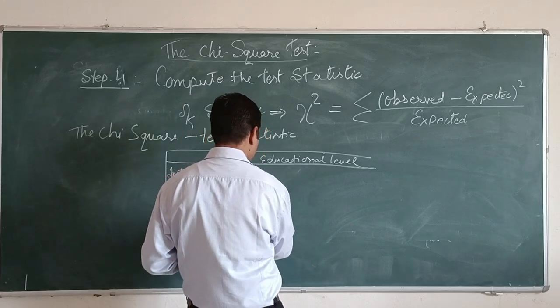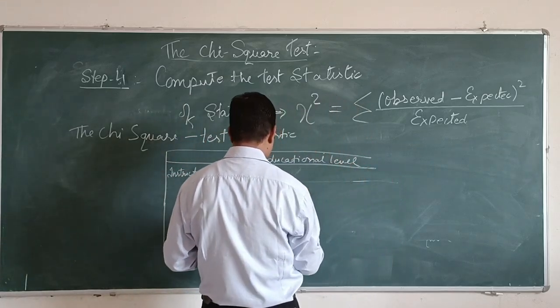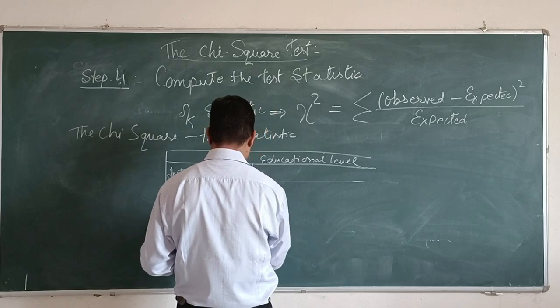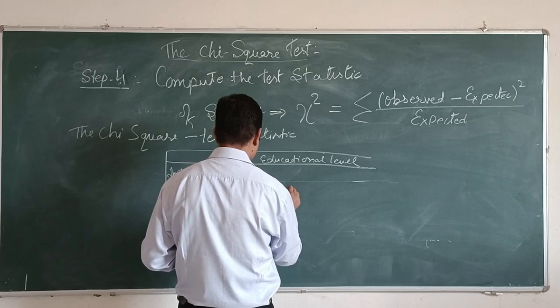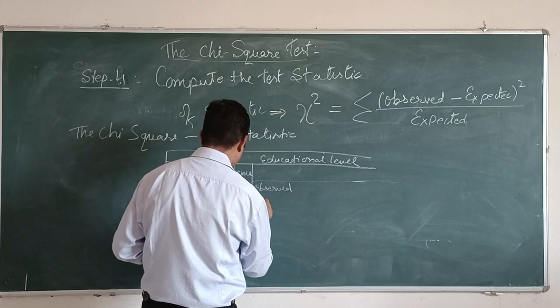As we already said, we can work on 2 values: the first one is observed, and the second one is expected.